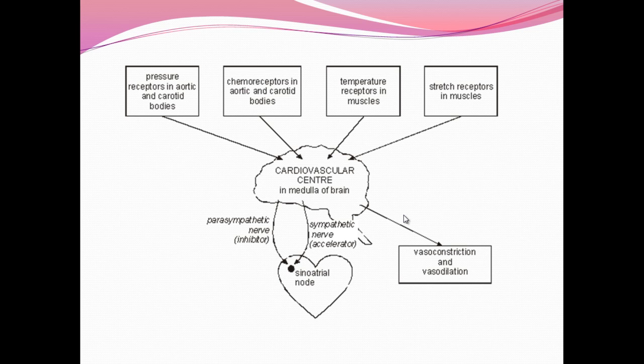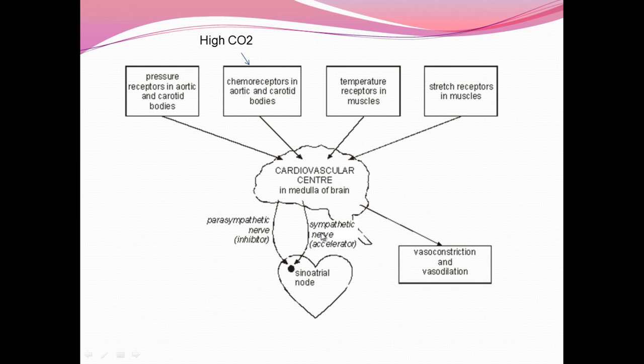So chemoreceptors essentially measure changes within the chemistry of the blood, and so they're specifically looking at the concentration of CO2. So obviously if you're having to work quite hard, your cells are having to respire more, you'd expect more CO2. And so what would happen there, when you're exercising hard, you produce more carbon dioxide, and therefore that is picked up by the chemoreceptors found within the blood.